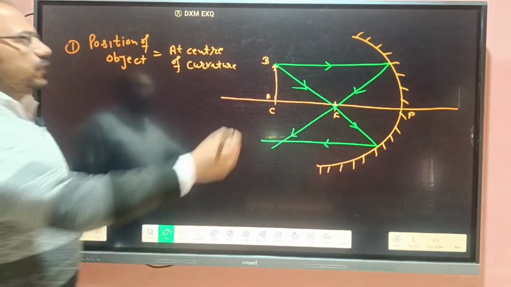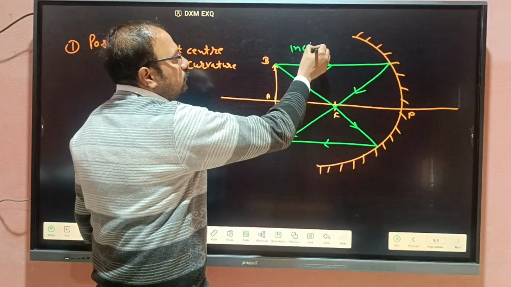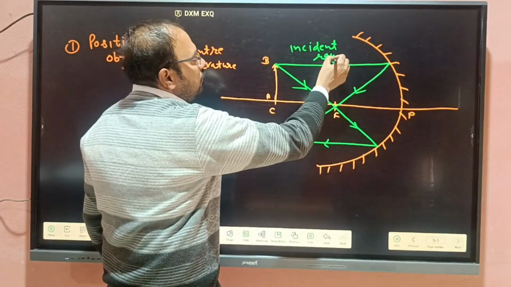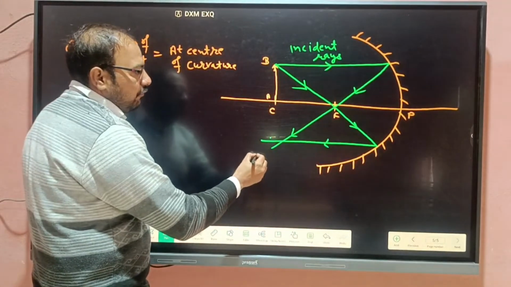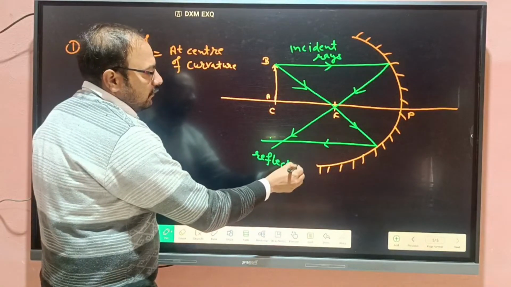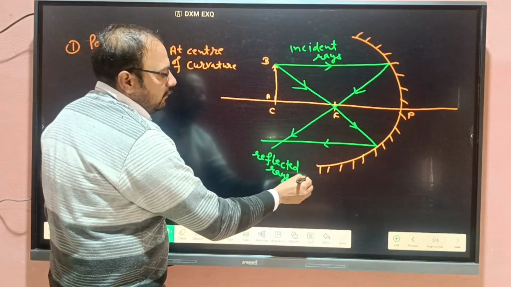These rays are known as the incident rays of light, and these are known as the reflected rays of light.